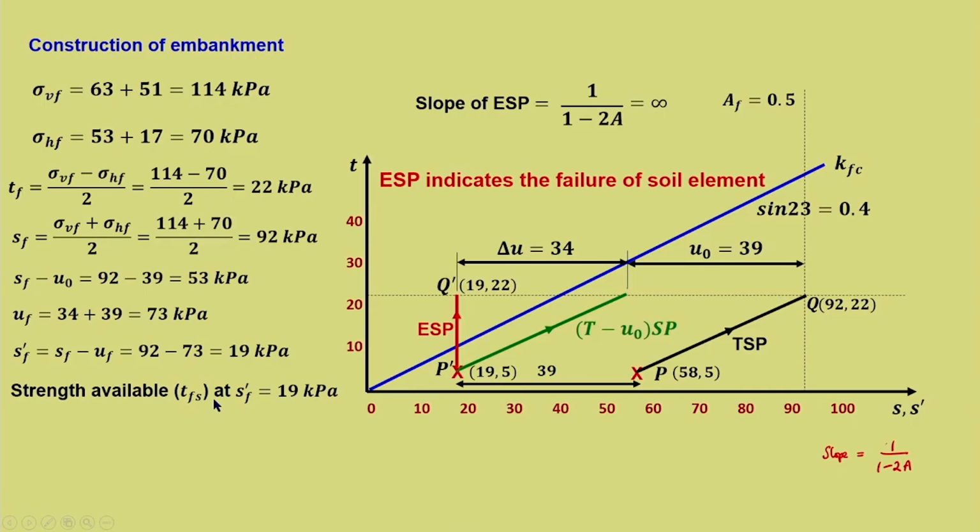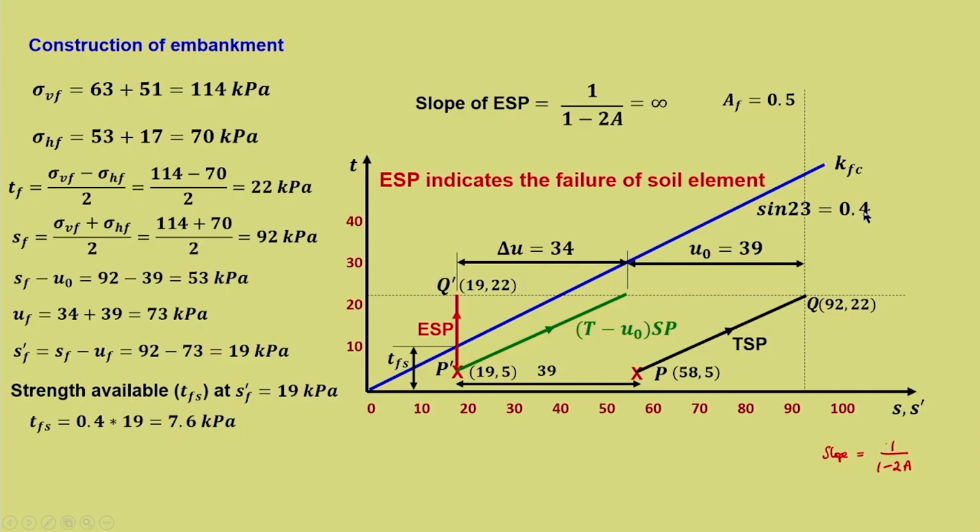Now, we are curious to find out what is the possible strength available if the condition is to be safe. So, the strength available, that is TFS corresponding to S dash F, because this is the starting point, is equal to 19 kilopascal. That is S dash F equal to 19, that is this particular point. What is the available strength? That is TFS, which is shown here.